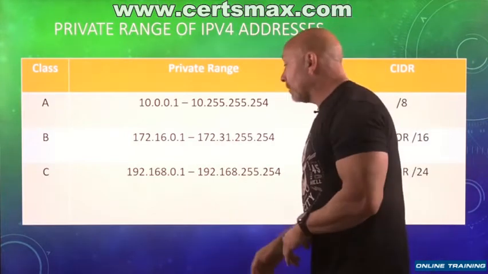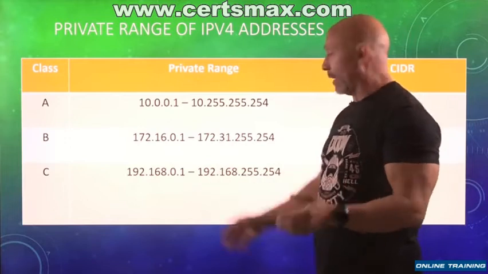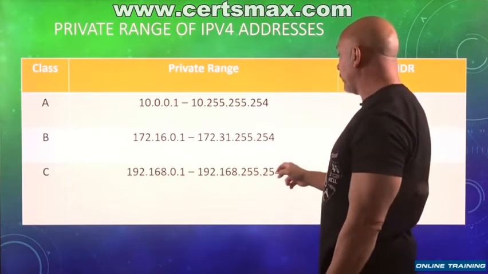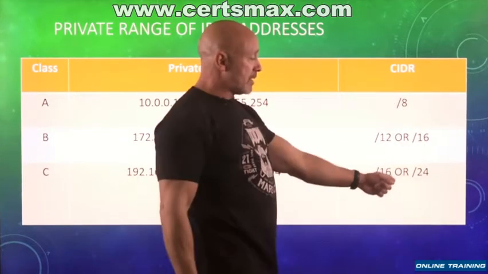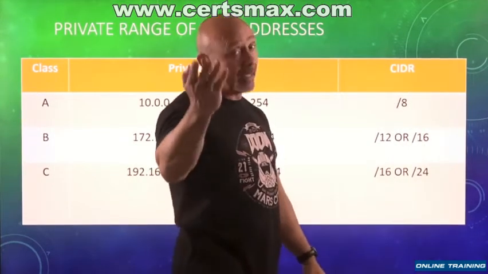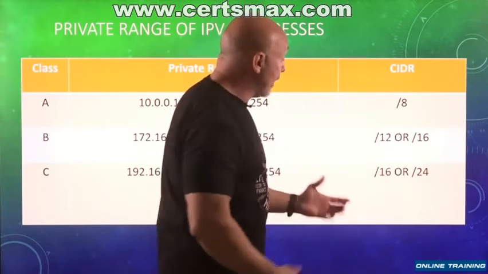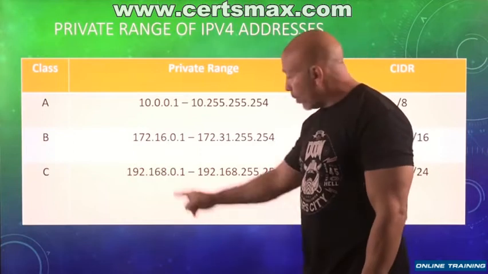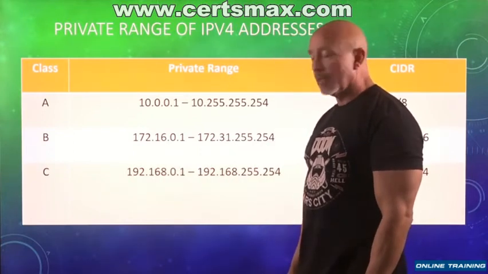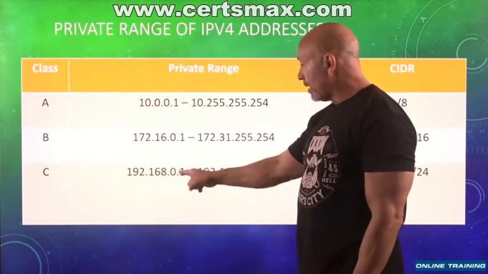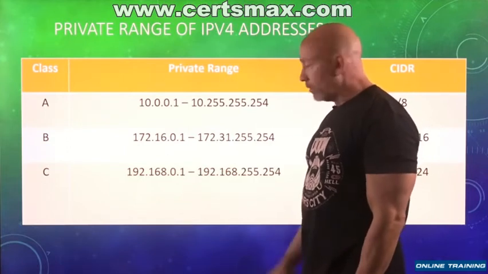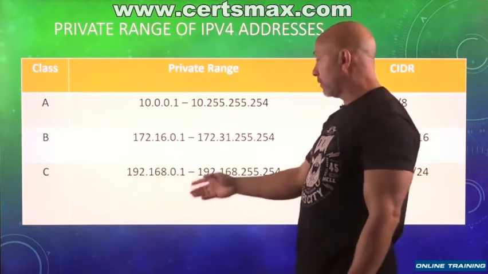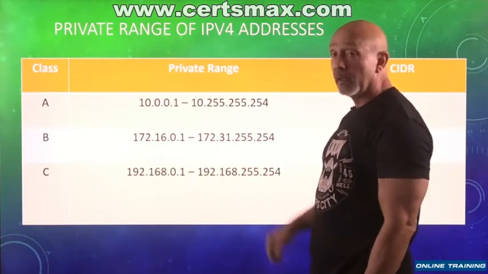And then this gets even more interesting. 192.168.0.1 and 192.168.255.254. 16 or 24. I told you it was 24, and you're going to answer 24 on any test. But in reality, these two never change, do they? 192 and 168 don't change. What changes is these two right here. You've got 1.1, 2.1, 3.1, 4.1, and so forth, all the way to 255.254.